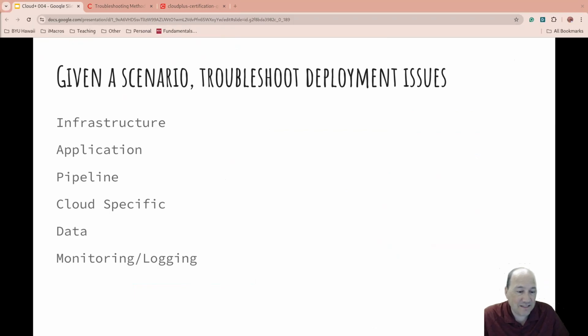Is it a cloud specific issue? Maybe there just happens to be a problem with the cloud at the moment you're rolling out, and it's not your stuff, it's the cloud. But in some ways that means maybe you didn't architect your stuff right. Does it need to be able to handle cloud issues?